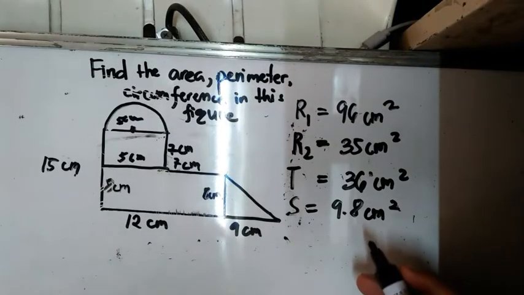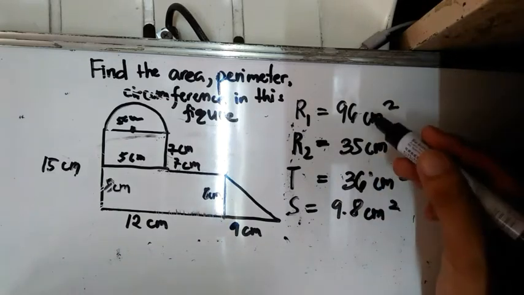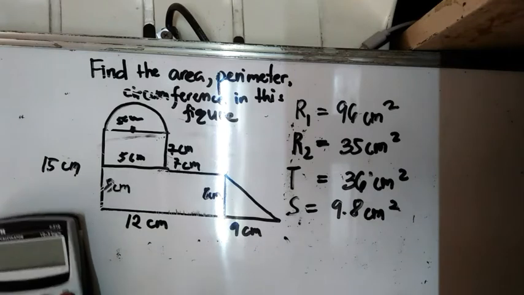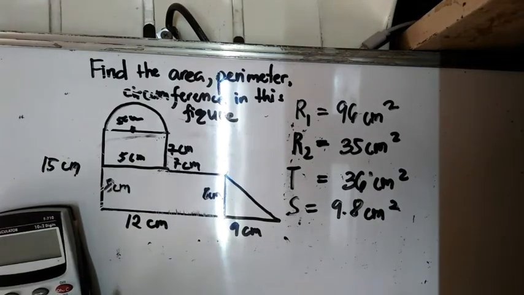So let's add everything. 96 plus 35 plus 36 plus 9.8 to get the area of this figure.